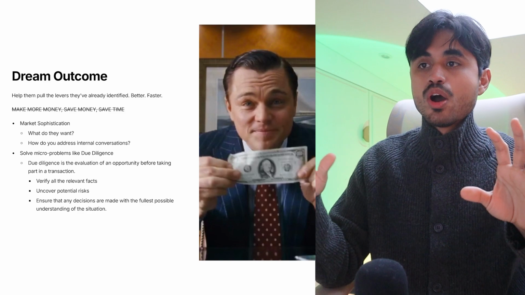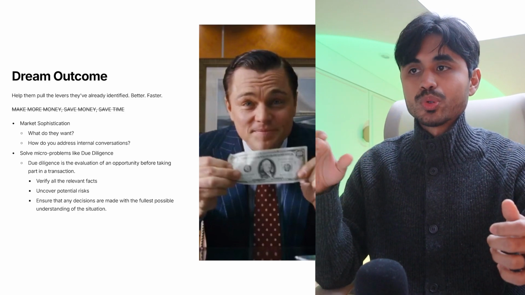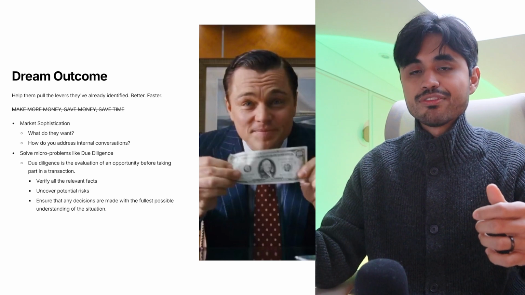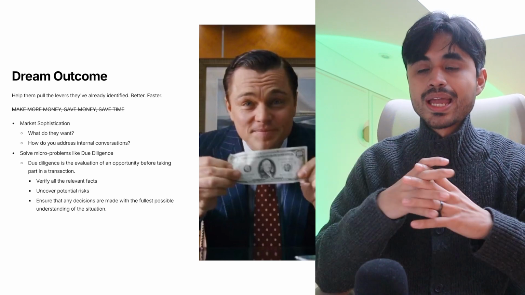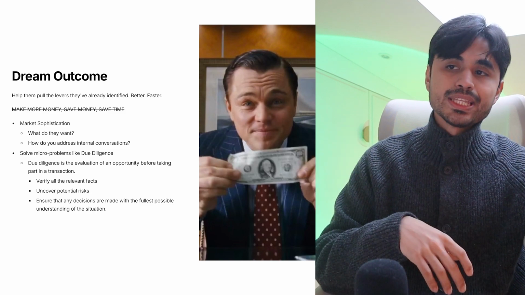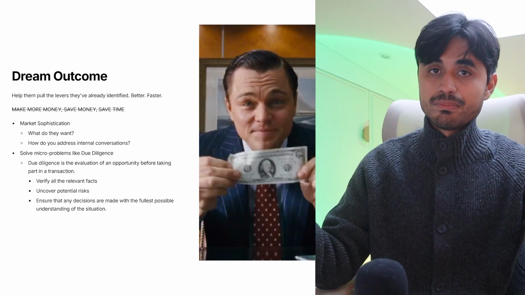So, dream outcome. With the dream outcome, what you want to achieve is to help them pull the levers that they've already identified, but you want to do it better and faster than they would do it without you. It's not simply how you can make them more money, how you can save them time, or how you can save them money.